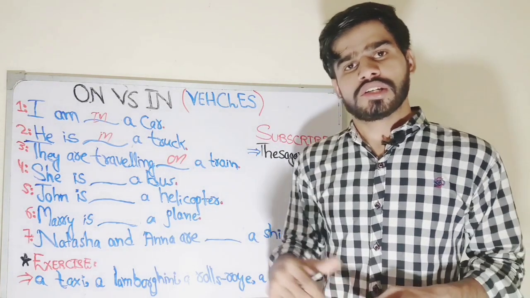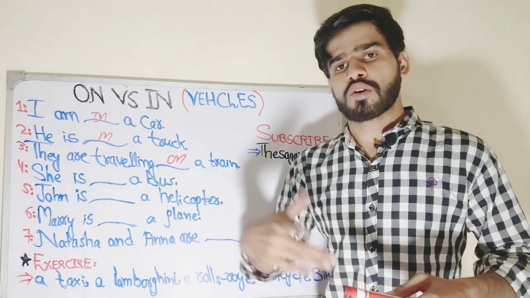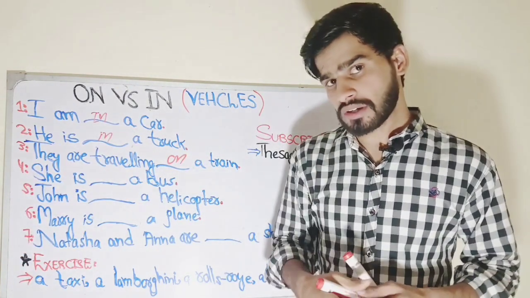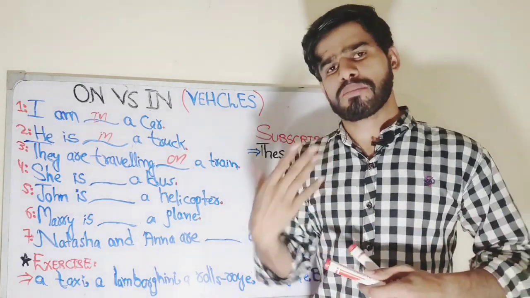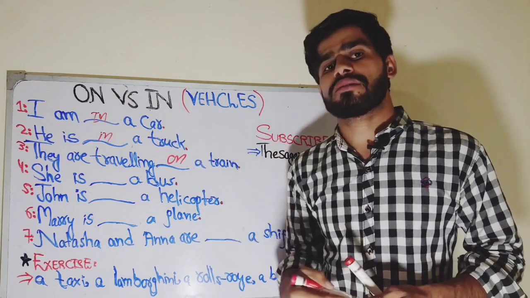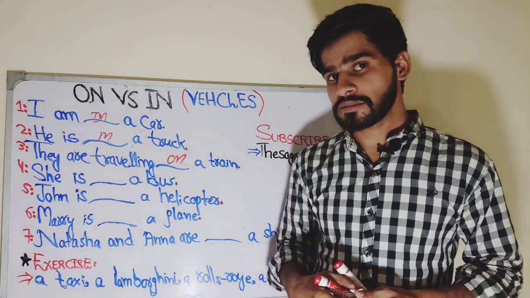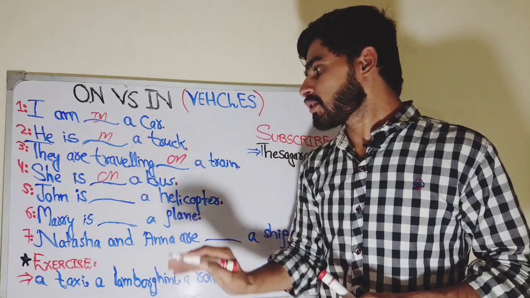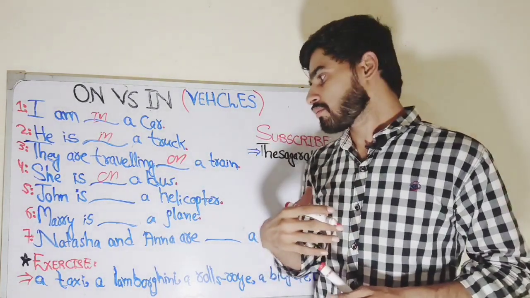Whenever we take a bus, we just walk over and sit on a chair, where you can say there is a seat number. So you can walk in a bus. Here, which preposition do you have to use, on or in? The answer is on. She is on a bus.